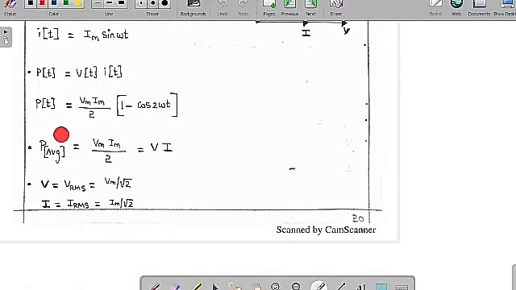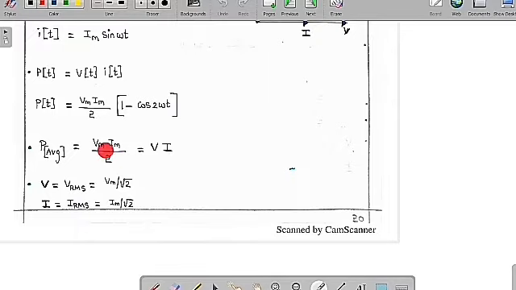Now I want to know the average value of the power. There are two components: Vm Im by 2 minus Vm Im by 2 into cos 2 omega t. Because of the cos nature, the second term becomes 0, since its integration over one time period is 0. So only the constant part is left over, which is P average equal to Vm Im by 2.